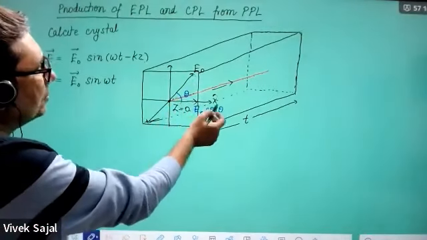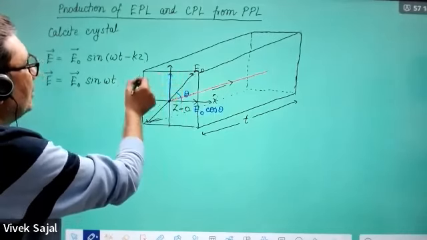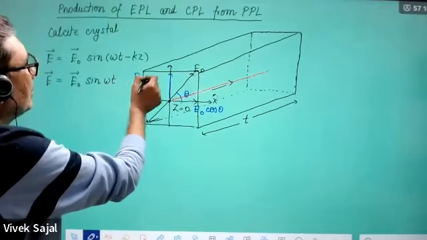Then this component will be E naught cos theta, and this component here will be E naught sin theta.